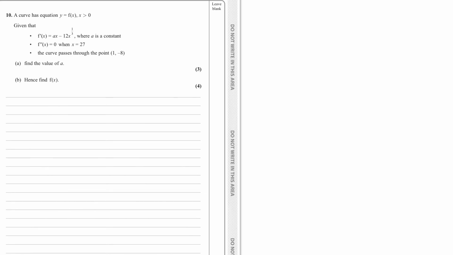Okay, so we've got some differentiating and integrating to deal with here. So let's start with my f of x, my f prime of x, and that's ax minus 12x to the 1/3. Now if I differentiate this, it should make it equal to 0 when x is 27.